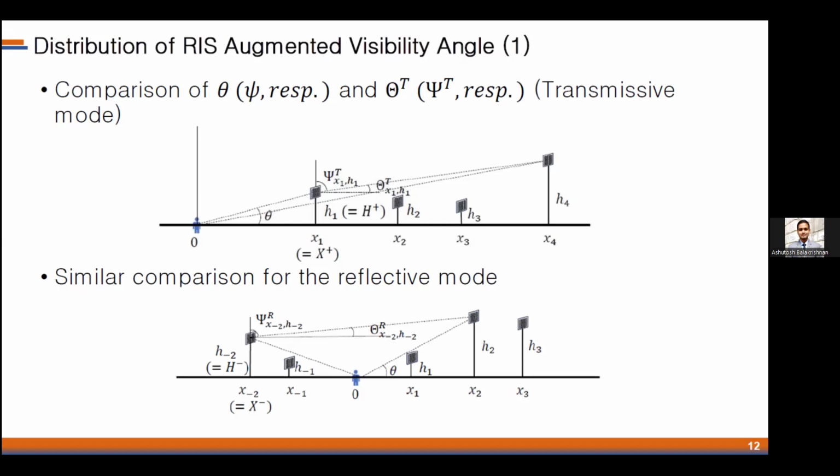So theta is the blockage angle, and theta t with subscripts x and h, where the superscript t implies the transmissive mode and the subscripts are the location and height of the blocking building. We will try to compare theta and theta t by deriving the distribution of theta t. Reflective mode can be obtained similarly to the transmissive mode, but here we will focus on the transmissive mode in this presentation.